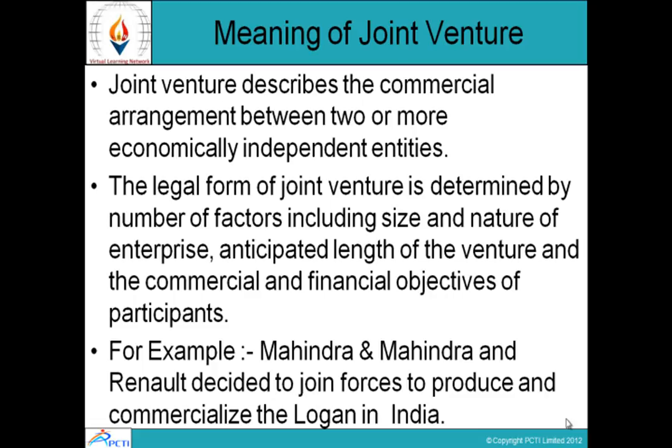These factors are like the size of the enterprise, what kind of business they are into, for how long the venture is to be carried out, that is the anticipated length of the venture, and what would be the commercial or financial objective. Say for example, Mahindra and Renault both decided to shake hands together to commercialize Logan in India. So that's a joint venture between the two companies.